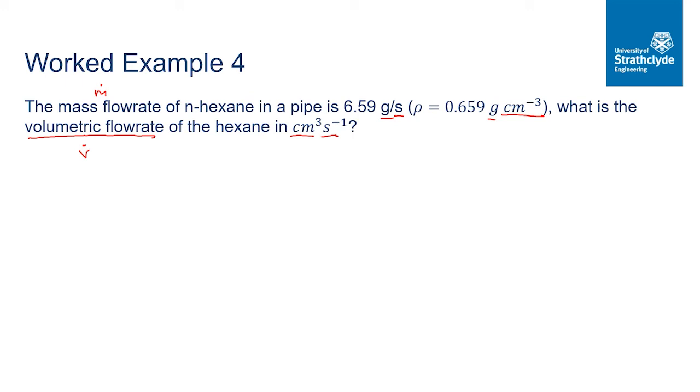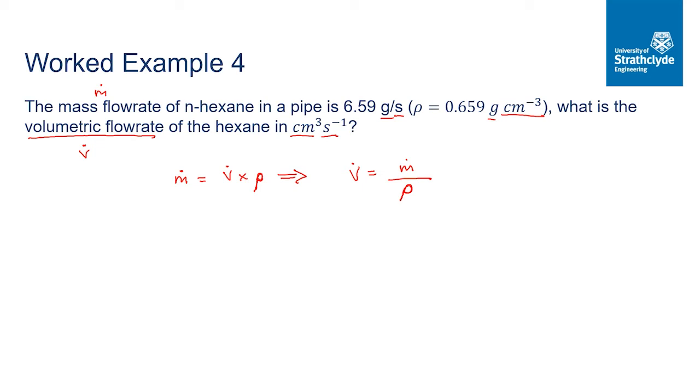We know that our mass flow rate, m dot, is equal to our volumetric flow rate multiplied by density. So we can rearrange this equation and obtain our volumetric flow rate is equal to our mass flow rate divided by our density.